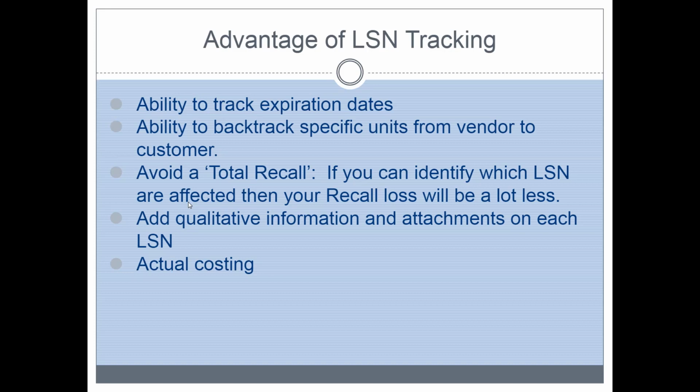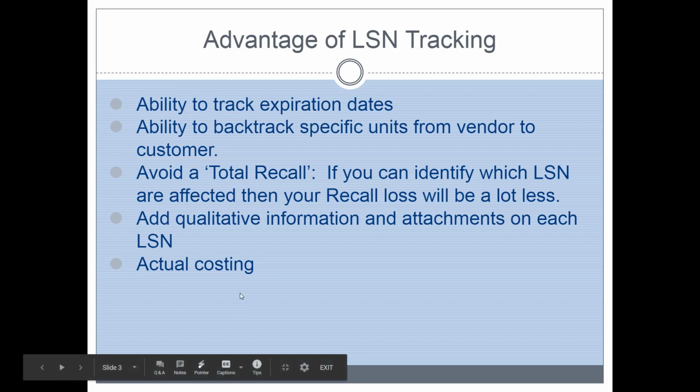That's a big deal. If you have a certificate of compliance, you can attach it right there with the lot or serial number. And finally, we're able to do actual costing because it's not first in, first out, it's specific identification.